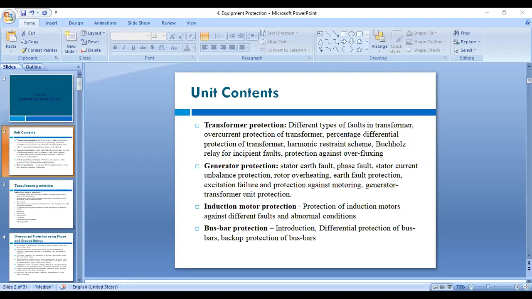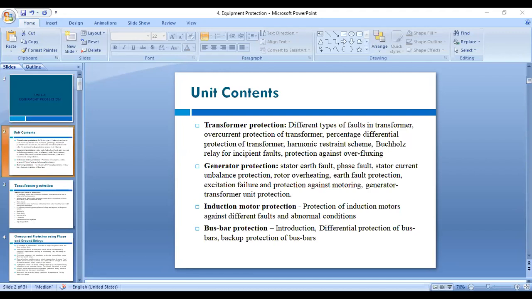For phase to phase fault, we can set the value of current, and for earth fault, as these currents are lower in value, we can set the value there. So in these relays, the pickup current value is set, and these relays are protecting your transformer from the overcurrent.